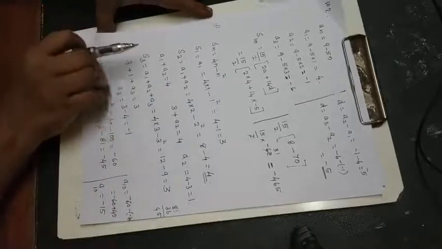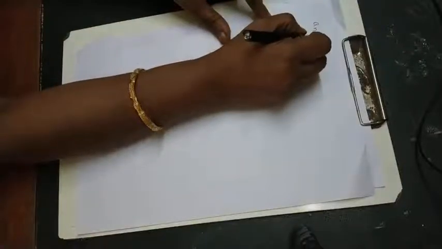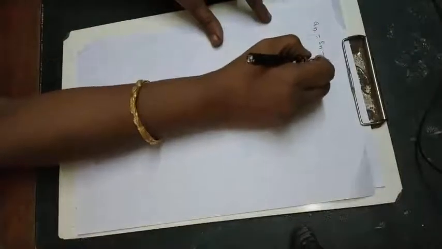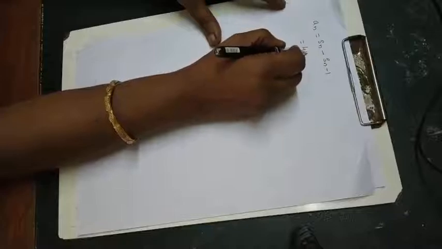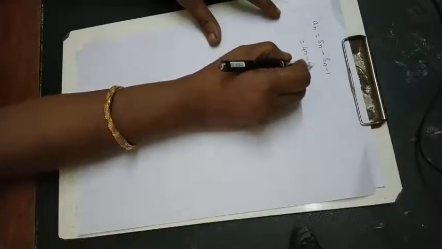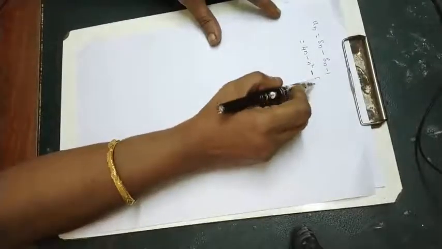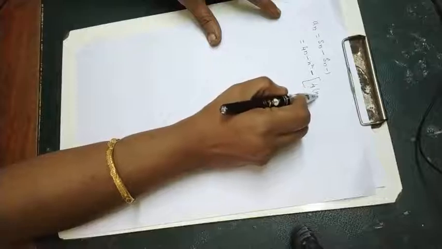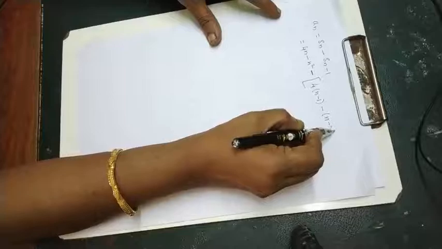Nth term, now we have to calculate. How will you get the nth term? That is an equals Sn minus Sn minus 1. Okay, that is equal to Sn, which means 4n minus n square. Then minus Sn minus 1, that is 4 into n minus 1 minus n minus 1 square.